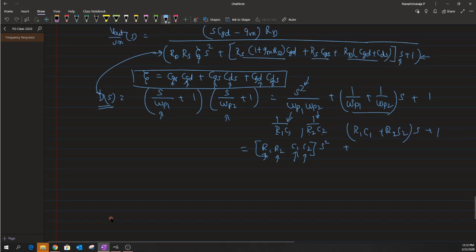So let us assume that omega p1 is the lowest frequency compared to the omega p2 term.